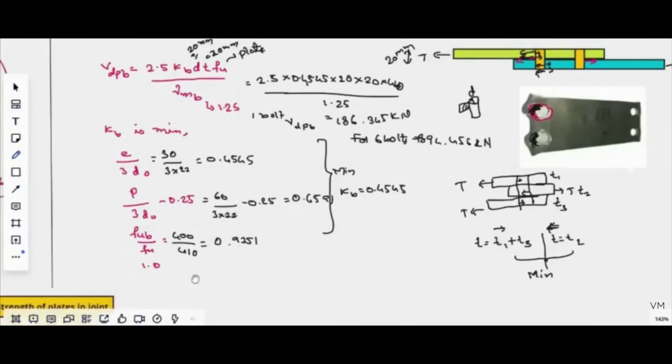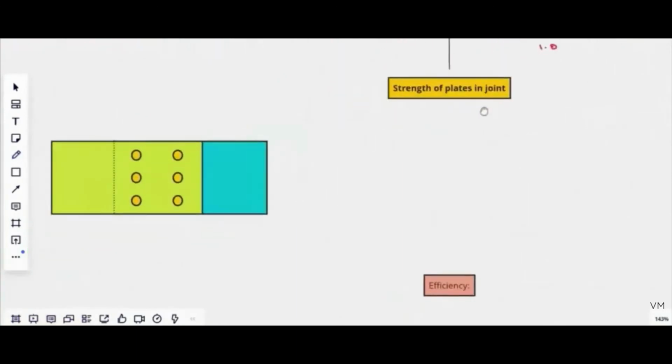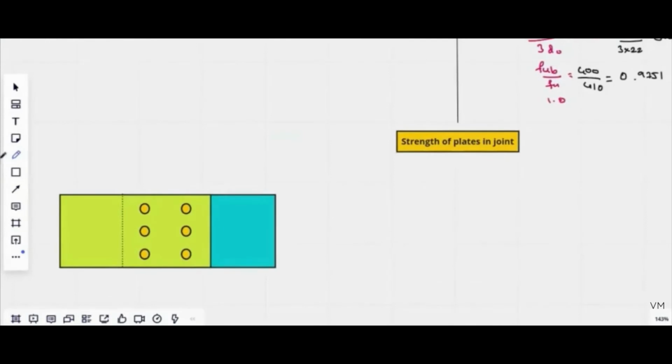Okay. Now, the third case, what we are going to do here is to determine the strength of plates in the joint. The application of force here is tension, and we know that if tension is applied in this way, the failure due to rupture will come across perpendicular to the applied force.